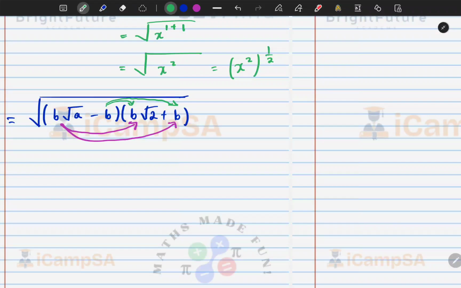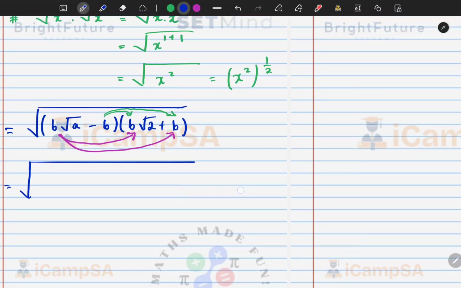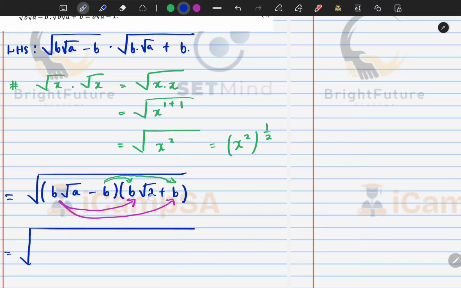So let's go ahead and do that. So you still have your square root, so your square root of b times, so this is not supposed to be 2, it's supposed to be a.